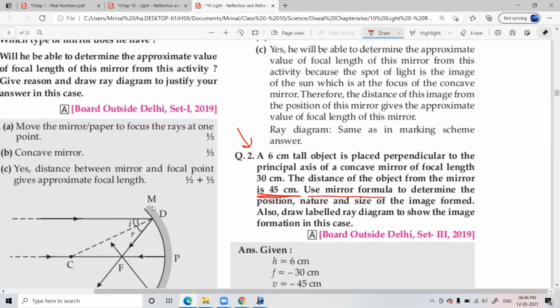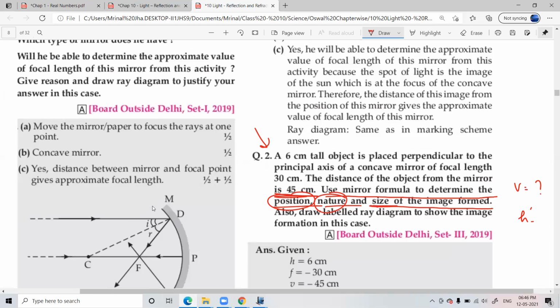Use a mirror formula to determine the position, nature, and size of the image formed. That means basically they're asking us everything. Position means they're asking V. Nature means whether it is real and inverted, or virtual and erect. And size means they're asking to find the H dash.